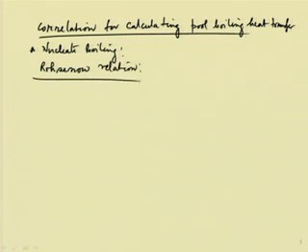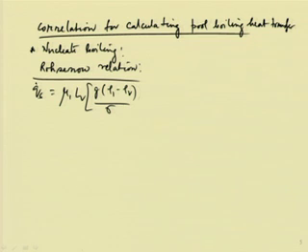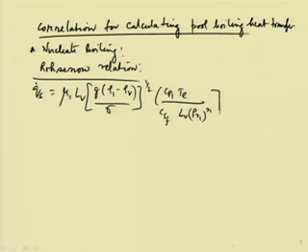According to the Rosenau relation, Q dot S, that is the heat flux, equals mu L into L V into G into rho L minus rho V by sigma whole to the power half, and C P L into T excess temperature by C S F, which is a constant, L V into Prandtl L whole to the power n.